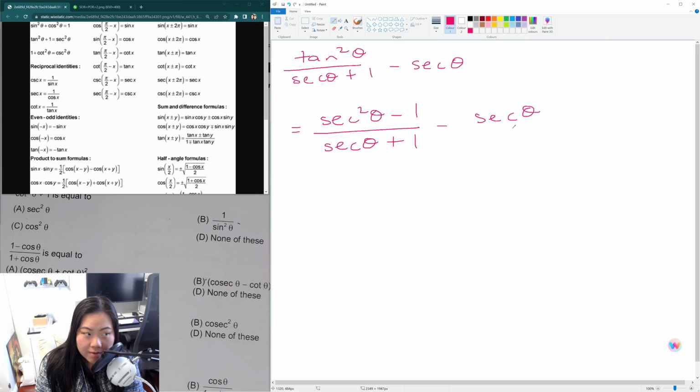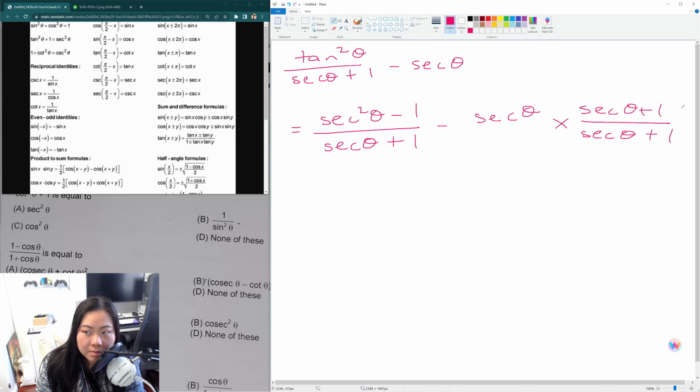Okay, now I want to combine these 2 fractions. I need the same denominator. So I'm going to multiply the sec theta with sec theta plus 1 on sec theta plus 1.